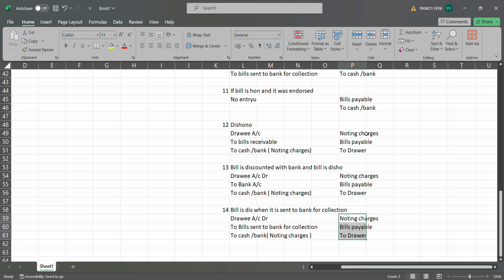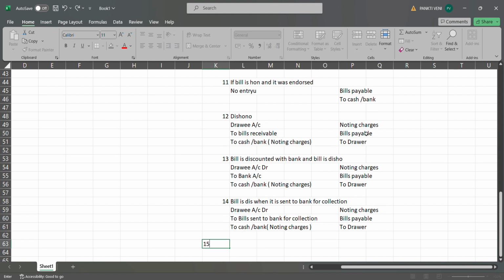Whatever difficulty you have, that difficulty part is with the drawer only. For the drawee, mostly the entries are repeated or there is no entry. Now the bill is dishonored when it was endorsed. Bill is endorsed and it is dishonored.